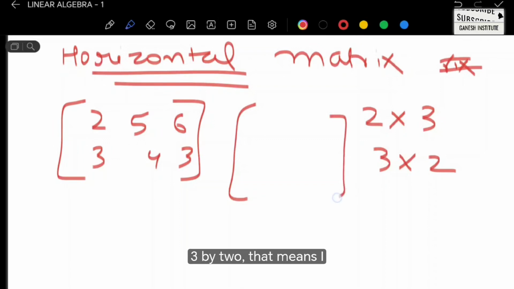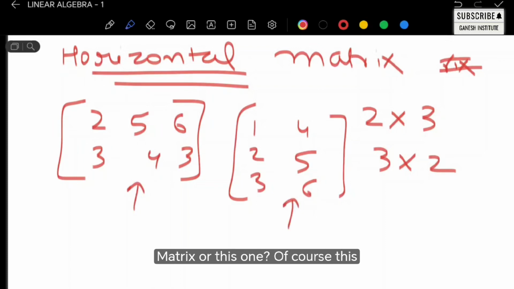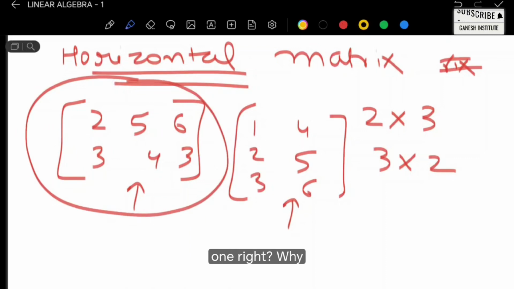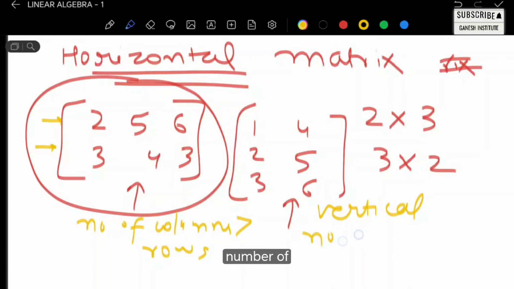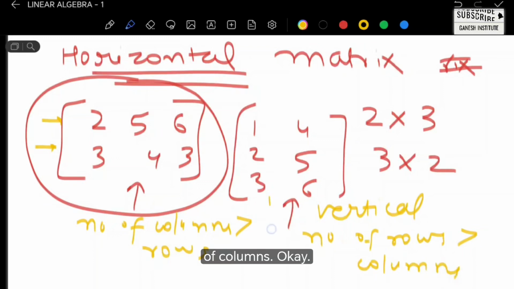And if I write 3 by 2, that means I have 3 rows and 2 columns. Is this a horizontal matrix or this one? Of course, this one, right? Why? Because number of rows are less here, and number of columns are more than rows. So that is a horizontal matrix, and this is a vertical matrix in which number of rows are more than number of columns. Okay?